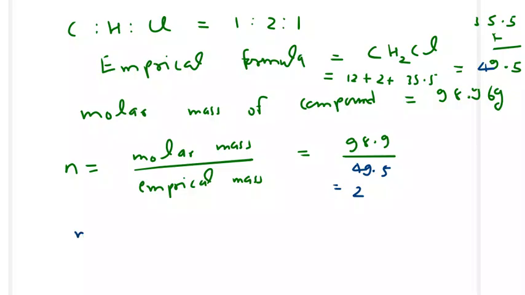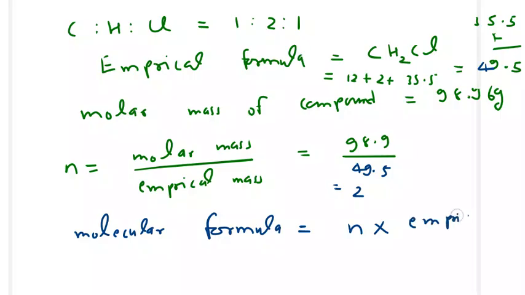Molecular formula equal to N multiplied by empirical formula, 2 multiplied by CH2Cl, which corresponds to C2H4Cl2.